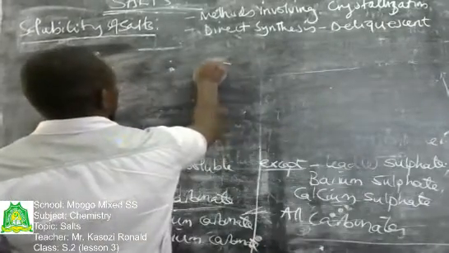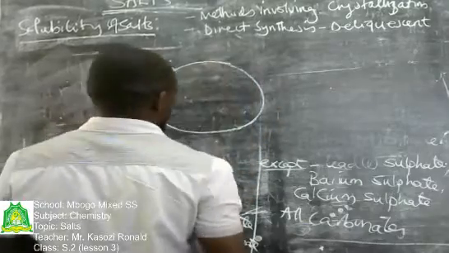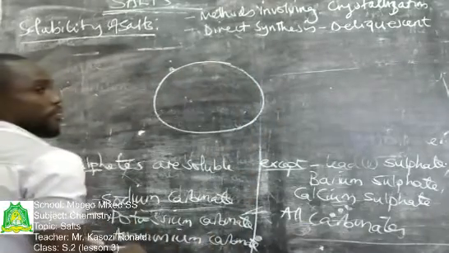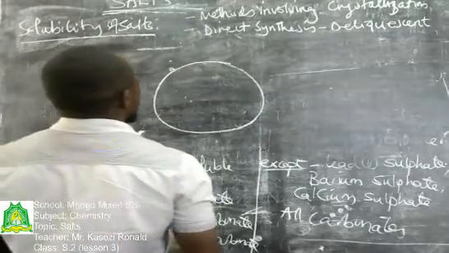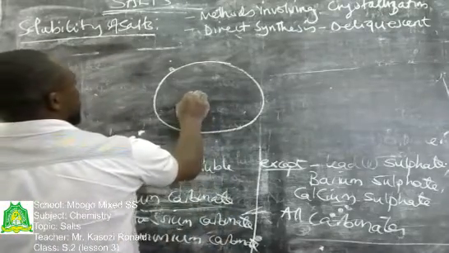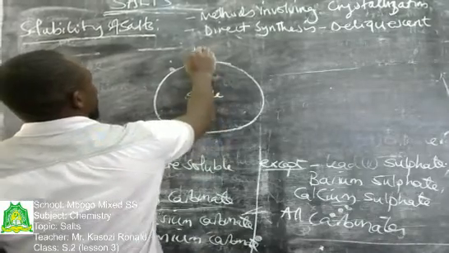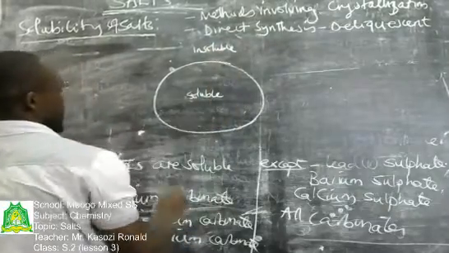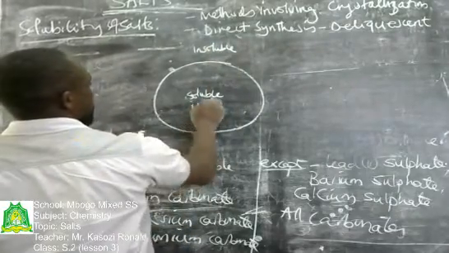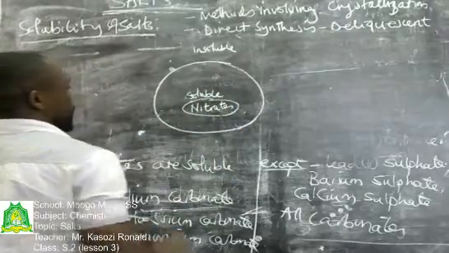You can have a set like that circle. All inside is soluble. Outside is insoluble. When you talk about nitrates, all nitrates are soluble.